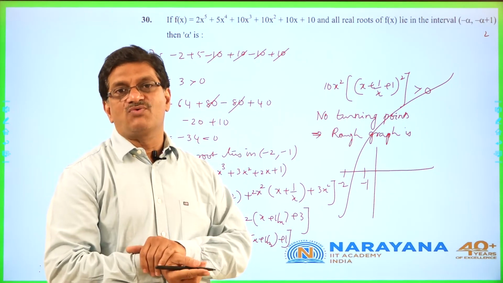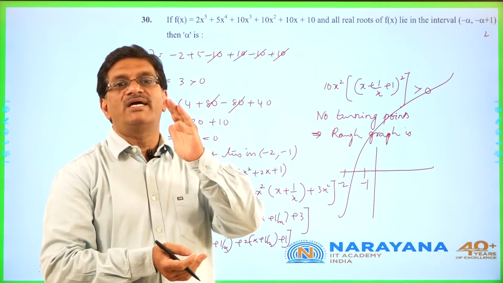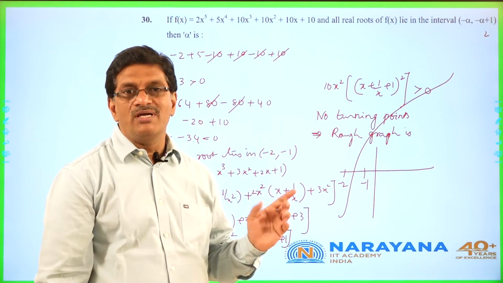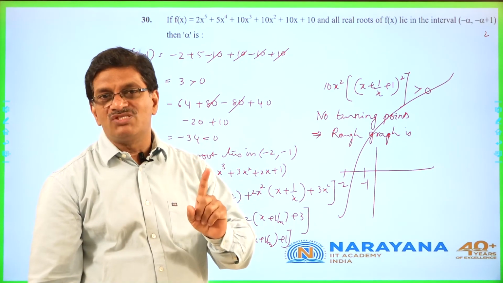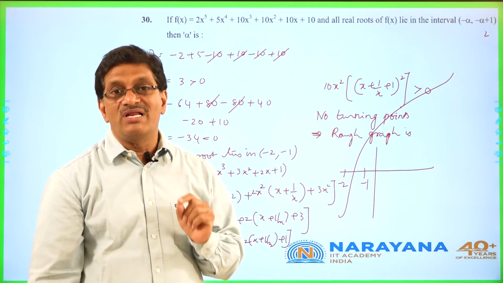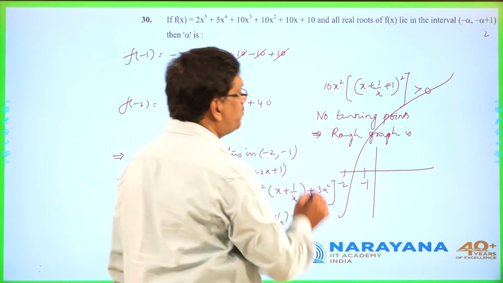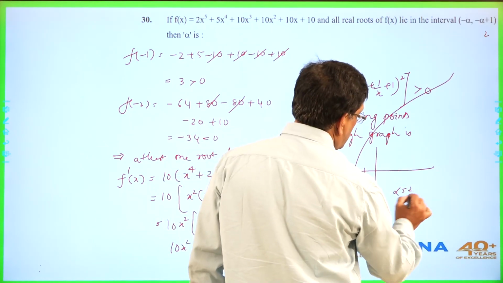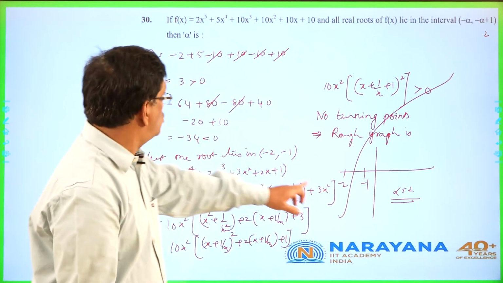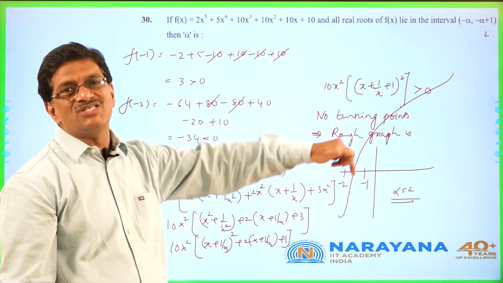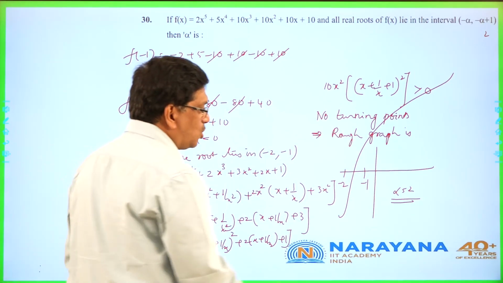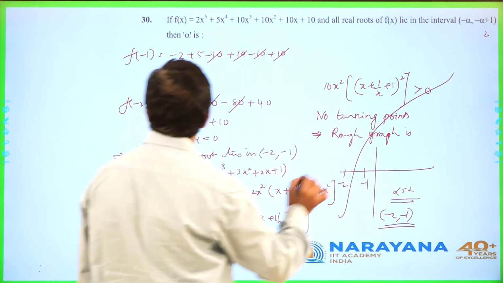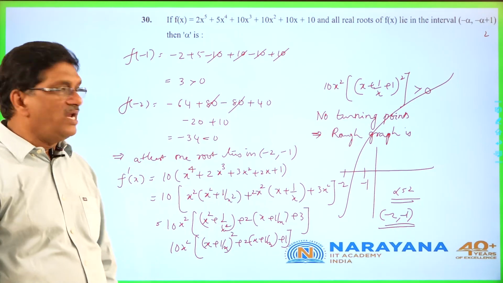Wherever f dash x equals 0, there only there is a turning. Since f dash x is not 0, there is no turning, but between minus 2 to minus 1, compulsorily the graph will cross the x-axis. You mean the given interval is so and so, clearly alpha equals 2 because it lies between minus 2 to minus 1. So your root lies between these two. So it is only 2.